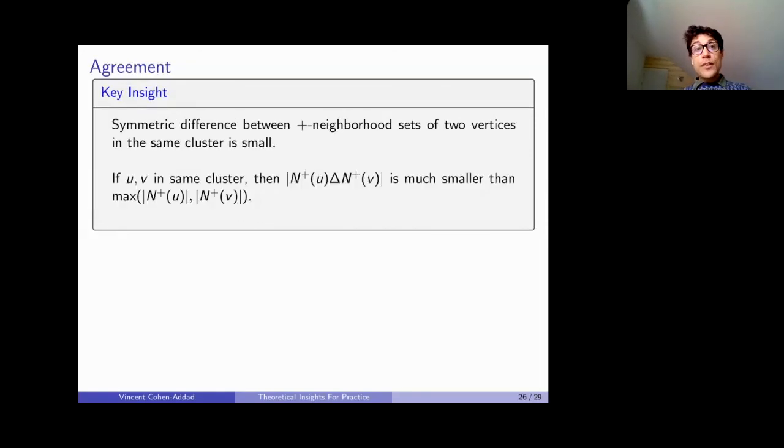Then we have this key insight, which I think is a cute one. If you pick two vertices of the same cluster in your constant factor approximation, or in the optimum solution, and you look at their neighborhoods, the rows in the adjacency matrix, or the neighborhood sets, then the symmetric difference should not be too large.